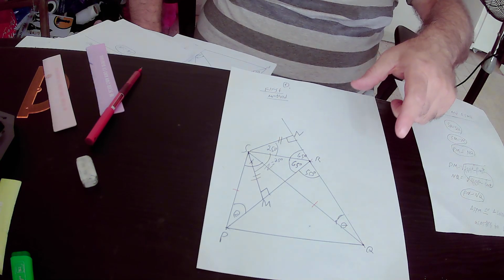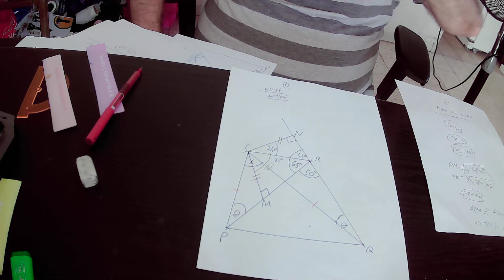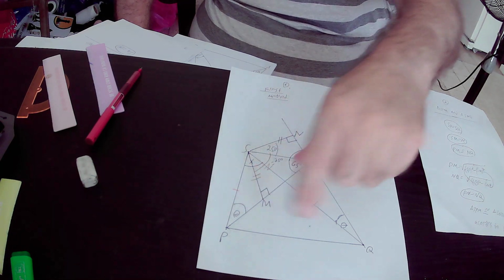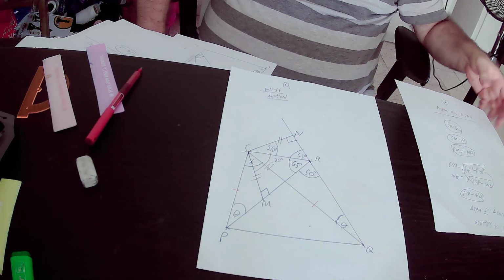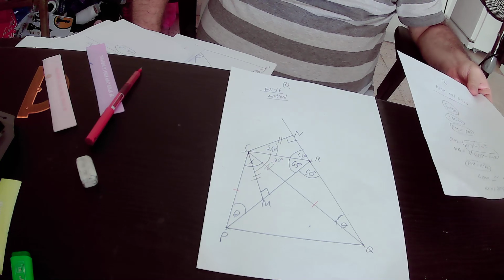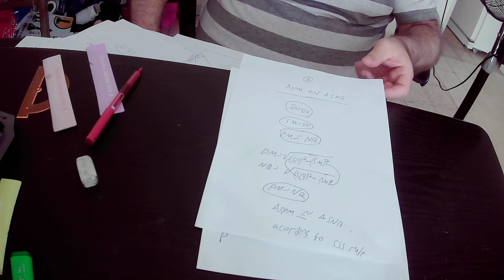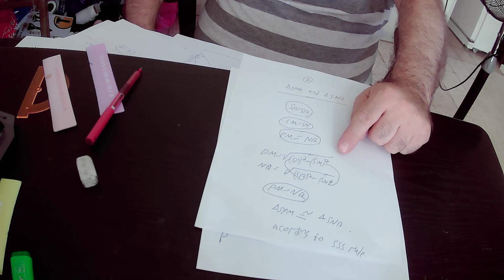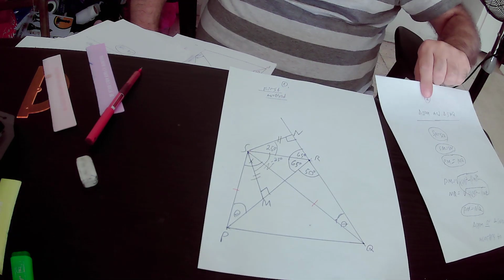So if we want to prove that PM equals NQ, we can do it according to the Pythagoras theorem.